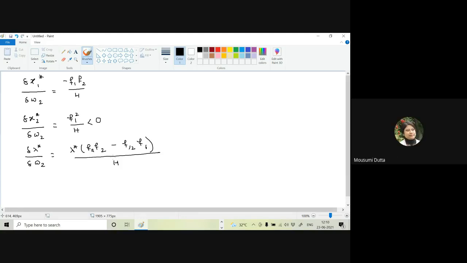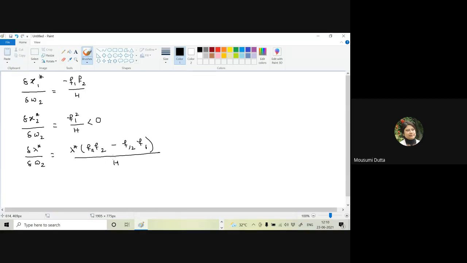So if you get these values, the second derivative is clearly negative. So the factor demand curve is negatively sloped. Regarding the first one, we will use the assumption that both f1 and f2 are positive.